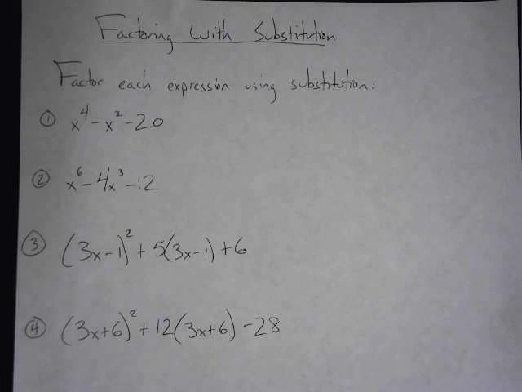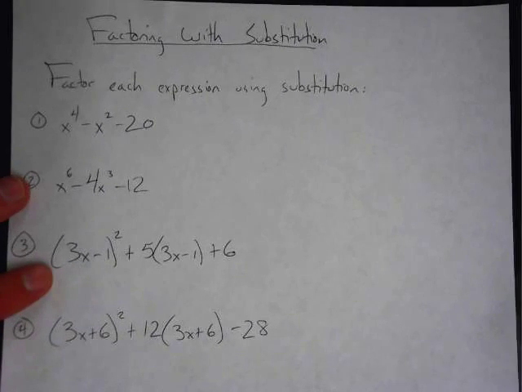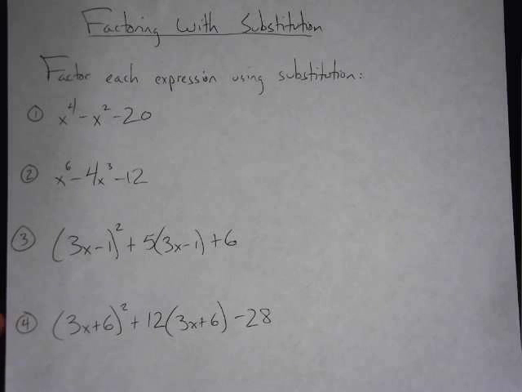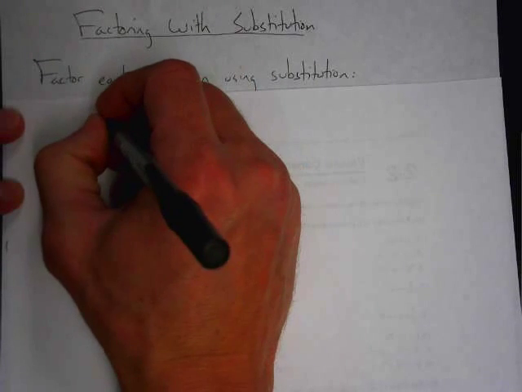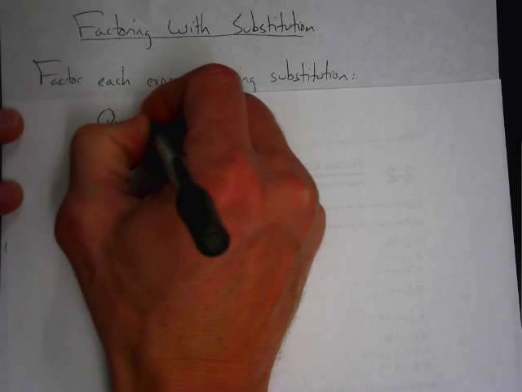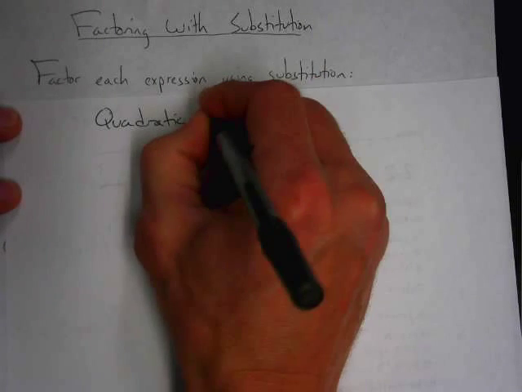The way substitution works is that you treat things as if they were what's called the quadratic trinomial. If you treat things like a quadratic trinomial, you can use substitution to do that, and then we'll be able to successfully factor some things out. So, a brief refresher on the quadratic trinomial we factored previously.